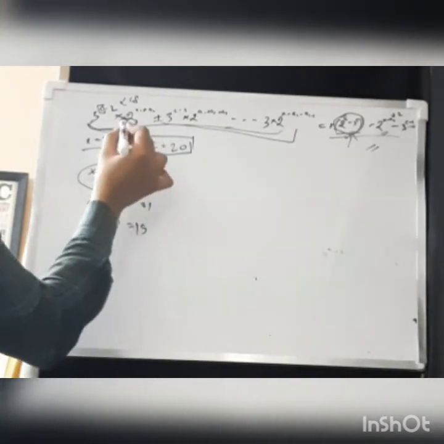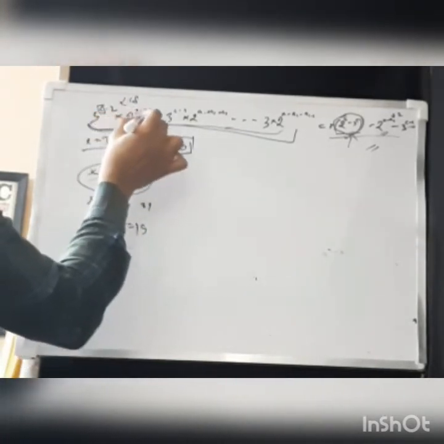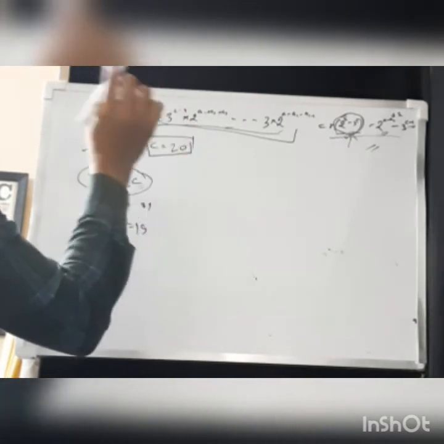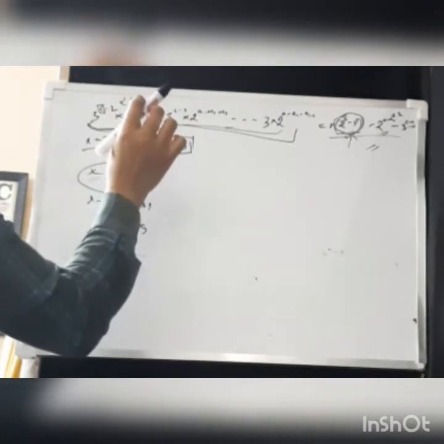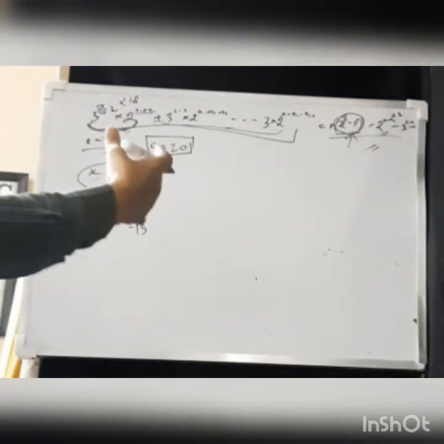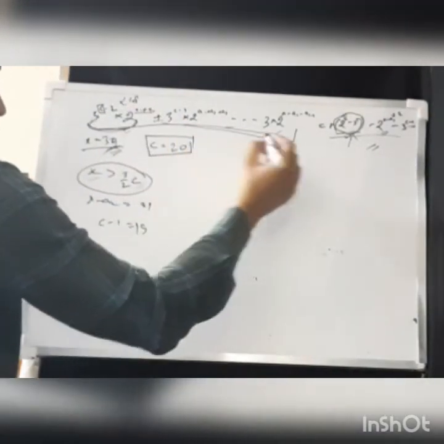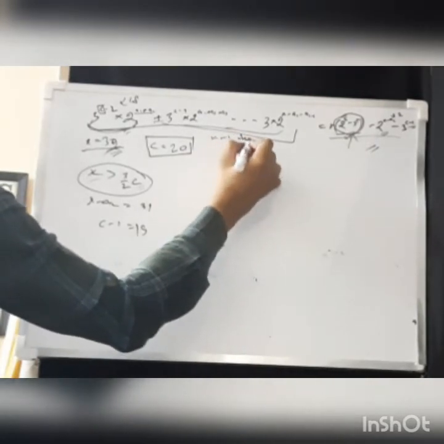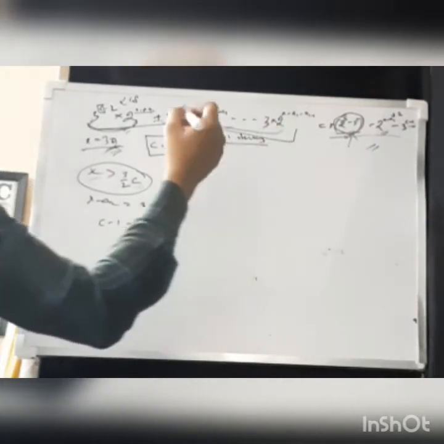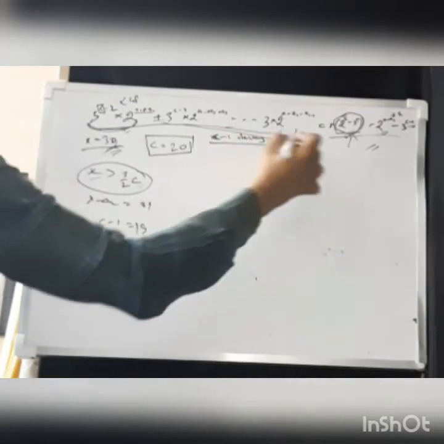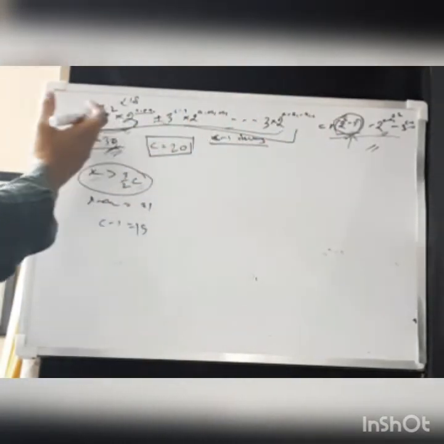So in order to maximize this, let's say A1 plus A2, how much can A1 plus A2 be in order for it to be maximum? Because this has n minus 1 terms, and I know that all of this is C minus 1 terms, at the minimum.